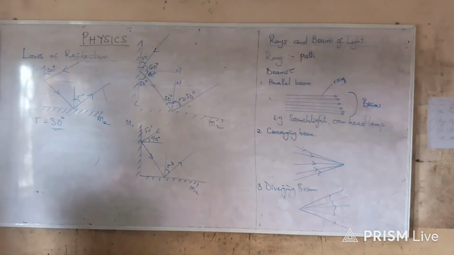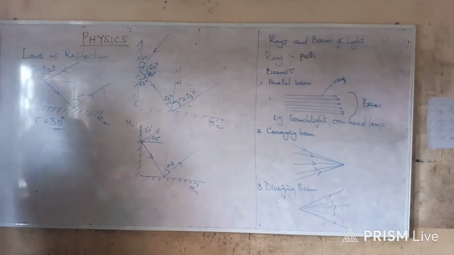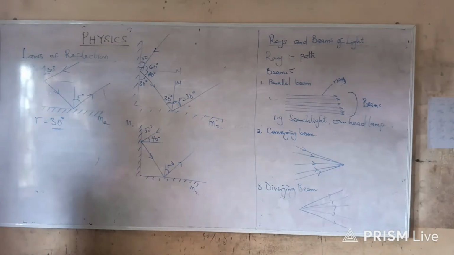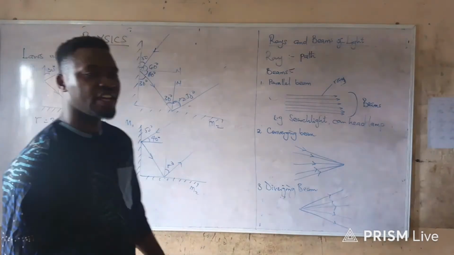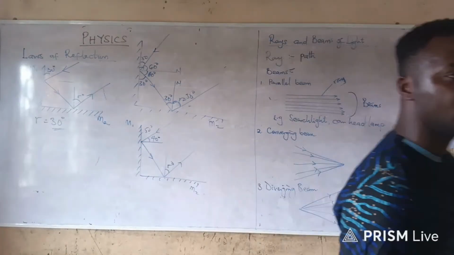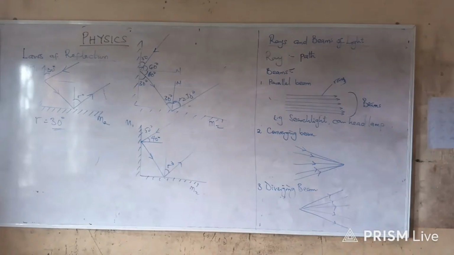Let's talk about mirror. We should talk about mirror, but before we talk about mirror, let's write this subtopic, everybody. Inclined mirror. We'll talk about mirror extensively, but let's do inclined.